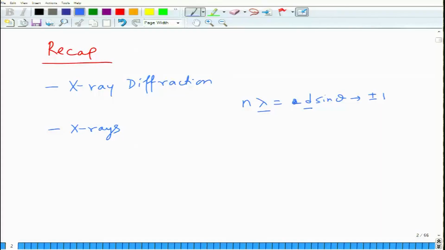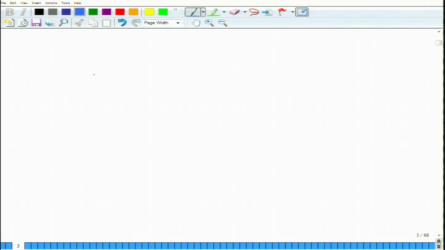When the electron goes from higher to lower energy, it emits an X-ray photon whose energy corresponds to the energy difference between the two levels. So for K alpha, it is going to be the energy difference E_L minus E_K.